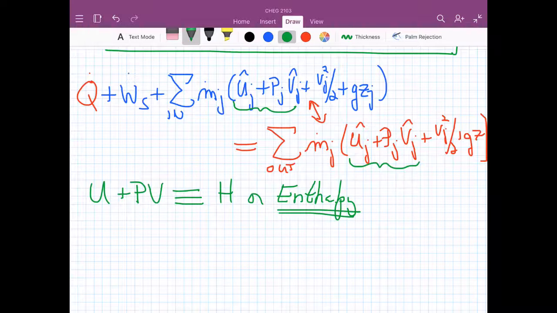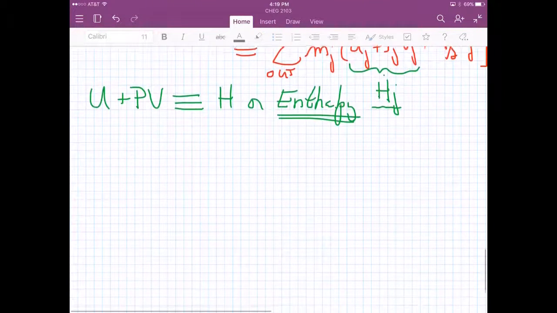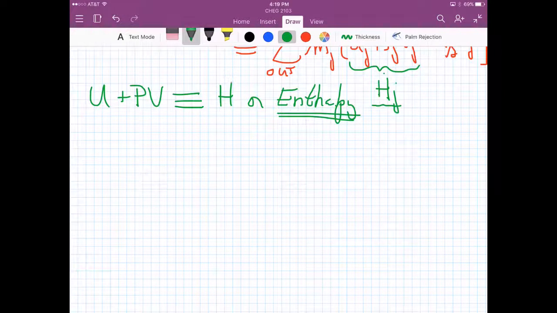So enthalpy for a flowing stream includes not only the energy that comes from the material itself, the internal energy, but also the energy in the flow of the stream. So U plus the PV work is how we define enthalpy. That lets us make a simplification: we're going to combine this and call it H sub j, or the enthalpy of the stream.